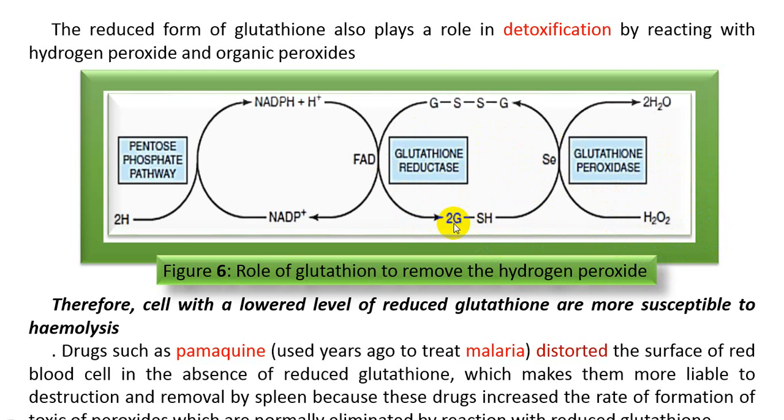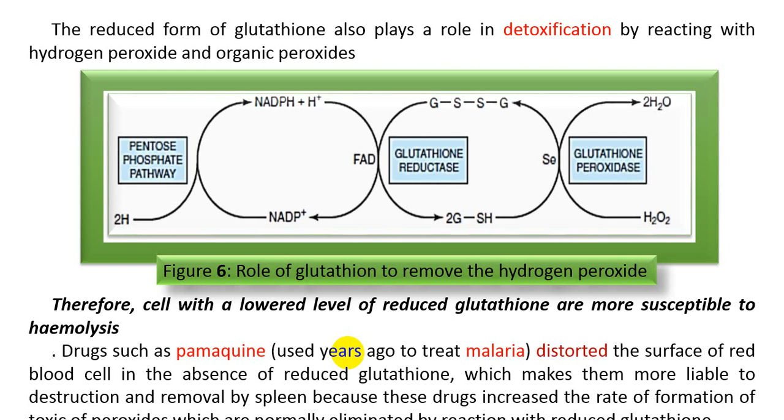That means we haven't enough amount of this compound, and the RBC will be more susceptible to hemolytic anemia, because the cell of the RBC will be hydrolyzed by this compound.